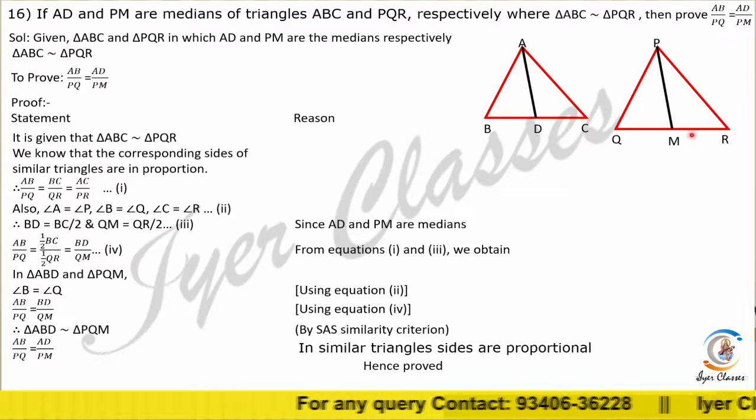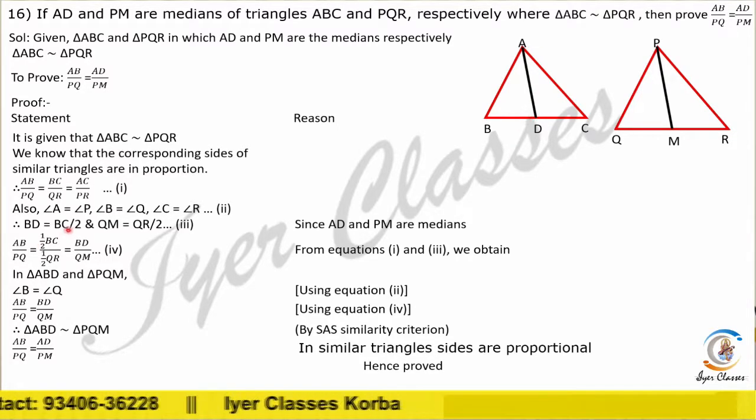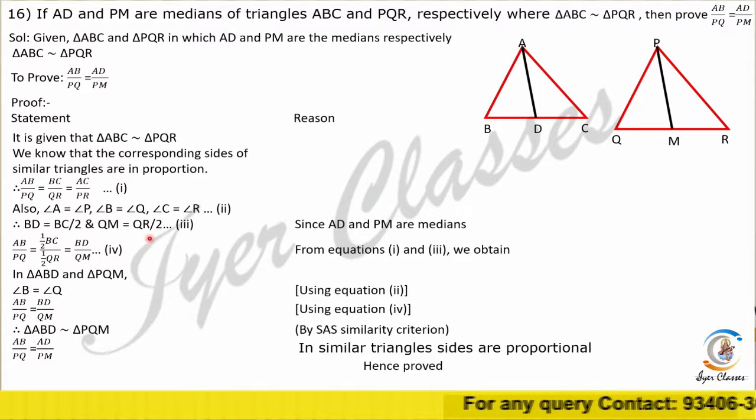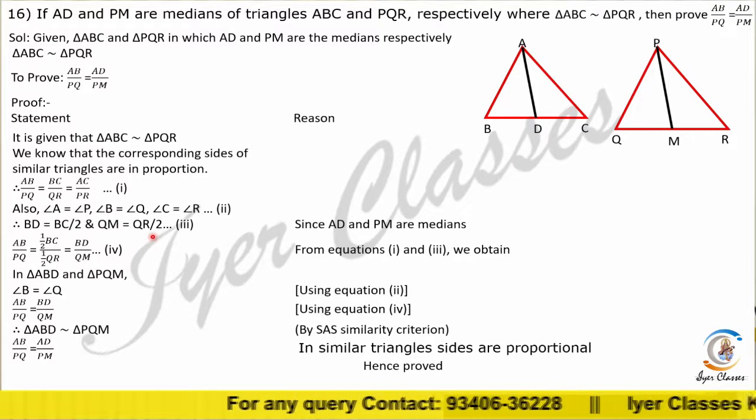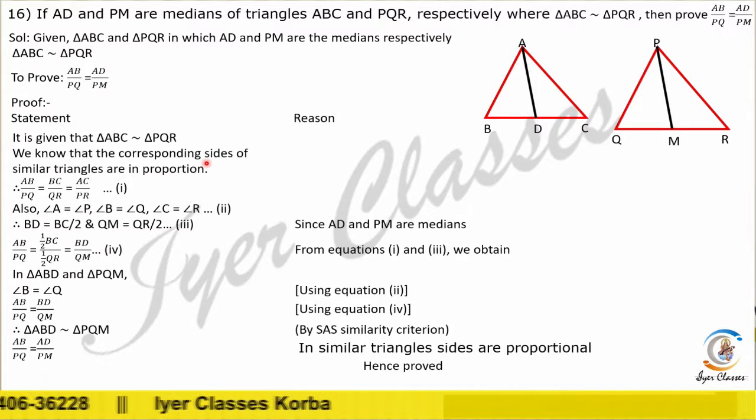Now, what is BD? Since AD is the median, we will have BD as BC by 2. And what about QM? QM is equal to half of QR, that is QR by 2. Now, in equation 1, we have got AB by PQ equal to BC by QR, and that is equal to AC by PR.